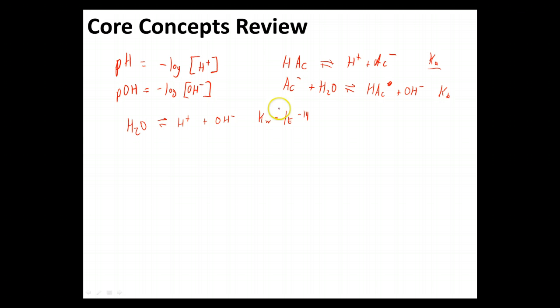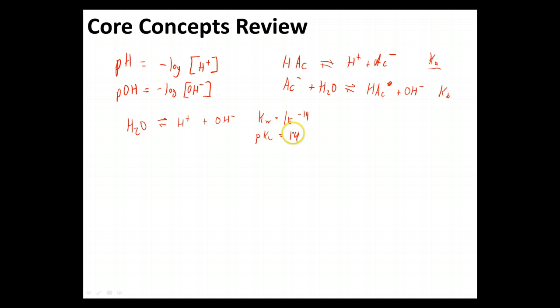Now if we take the negative log of that, anytime we take the negative log, we put a p in front of it. So pKw, the negative log of this, would equal 14. And notice I've left off any sig figs. In fact, I have 0 sig figs in here because I've just taken a negative log, and whole numbers don't count as significant. They're just placeholders for where the decimal point was.